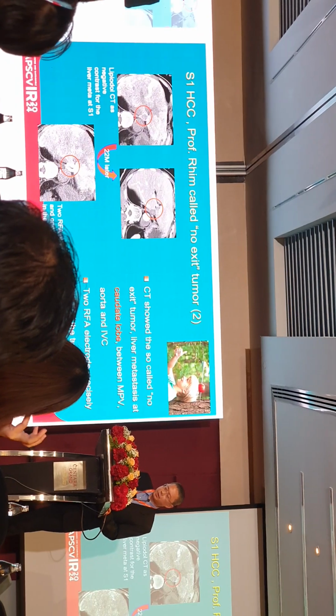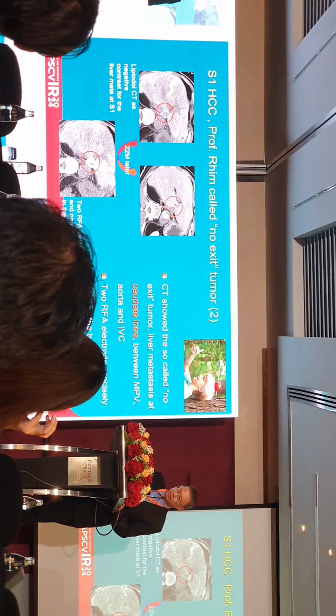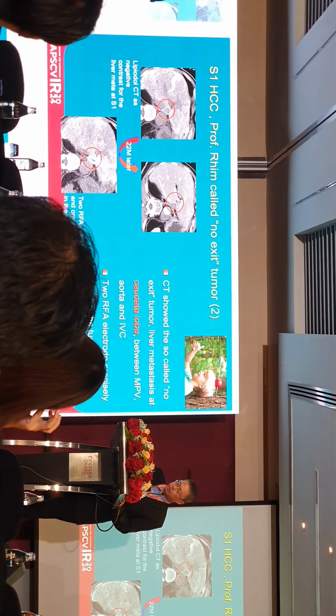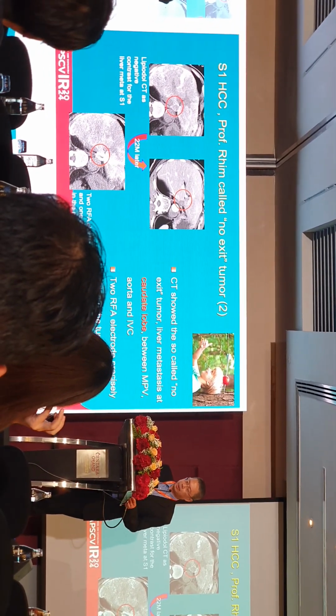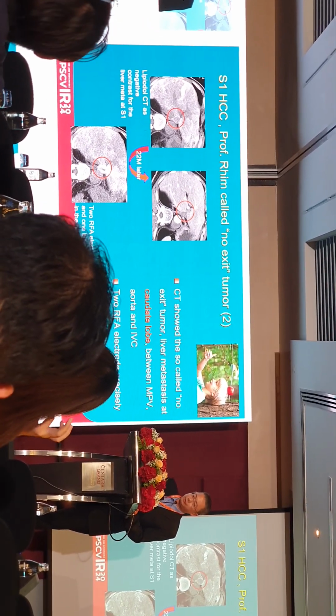So for caudate lesions, I usually use 2 electrodes, and if only 1 electrode can be used, I usually place it as close to the larger vessel as possible.